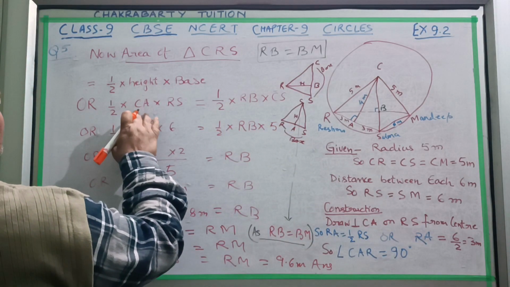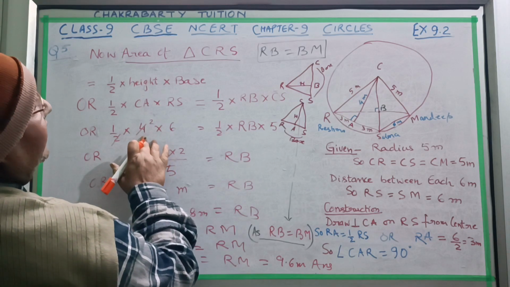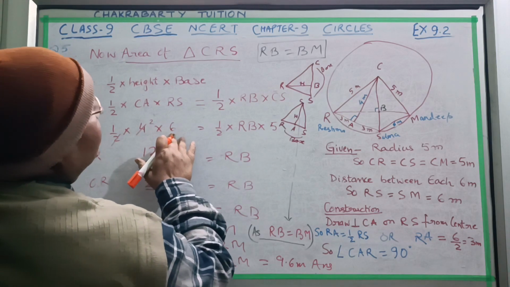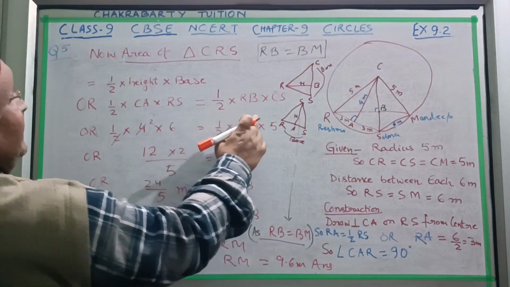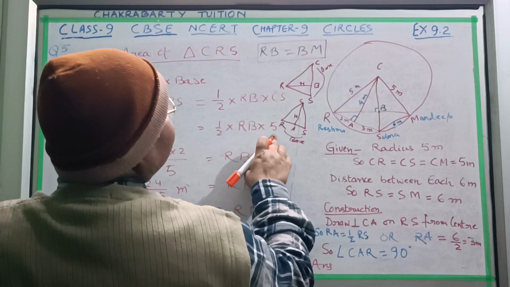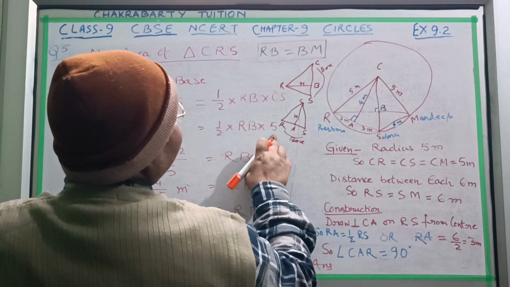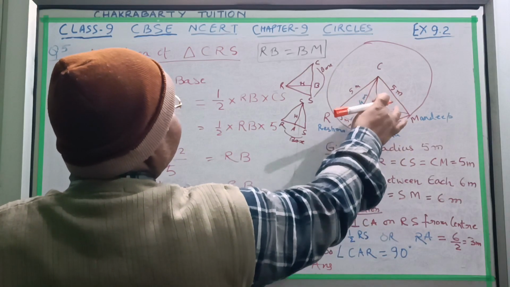So we have put the value CA is equal to 4 centimeter. We have already calculated it. RS is given in the question, it is 6 meter. Here RB is not given, of course, but CS is given. CS is the radius, so the radius is also 5 meters.